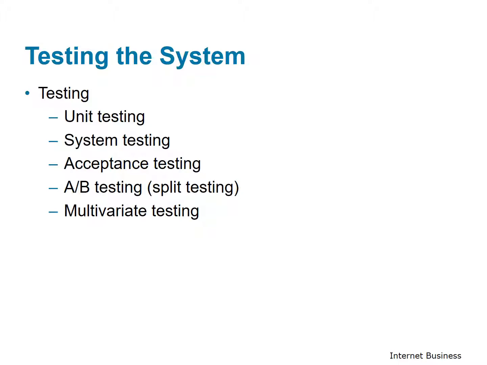So for example, if there are 3 elements and 2 versions of each, there will be 8 possible combinations: 2 by 2 by 2 equals 8 to test. When used correctly, multivariate testing enables designers to identify the most optimal layout, color, contents, and format.